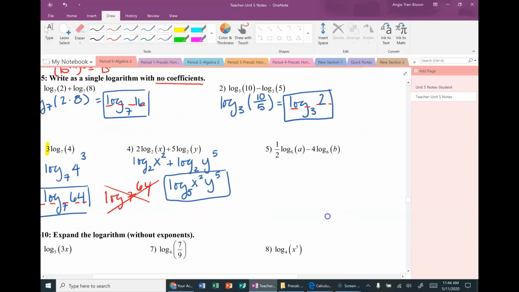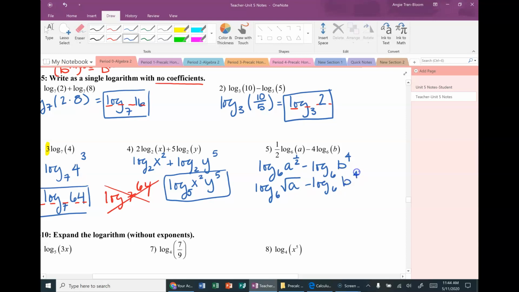Last example for this set of instructions, you have 1/2 times log base 6 of a. So the 1/2 will become an exponent: log base 6 of a to the half minus log base 6 of b to the 4. Well, power of half, class, that's the same thing as a radical. So I'm going to rewrite it as a radical a minus log base 6 of b to the 4th.